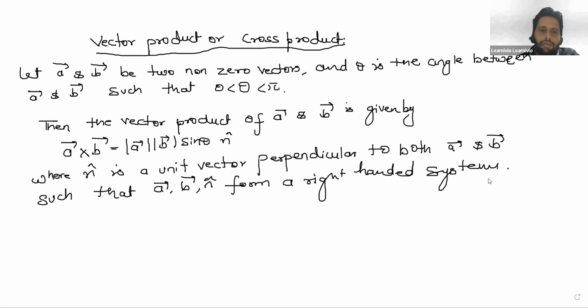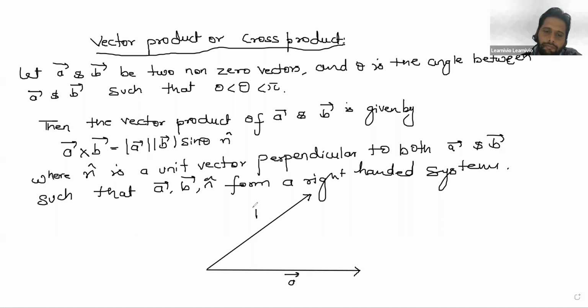So what does this mean? Just give me a minute. Let me draw this. Suppose this is your vector A, and this is your vector B, and this is theta. Now, what is a cross product?